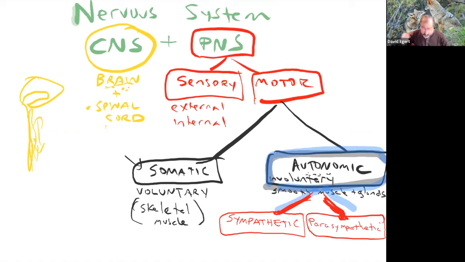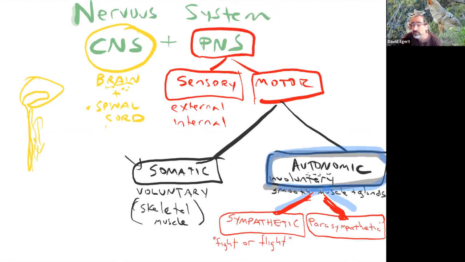So there's two subdivisions here, the sympathetic and parasympathetic. We're going to be looking at all these in much more detail, but in general, sympathetic is what we think of as the fight or flight division.